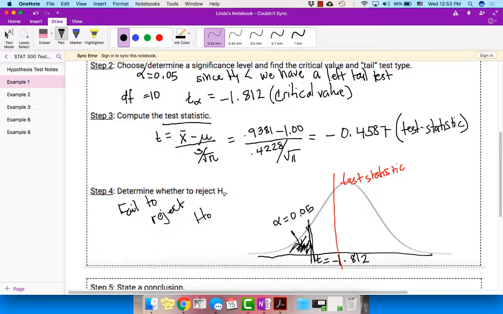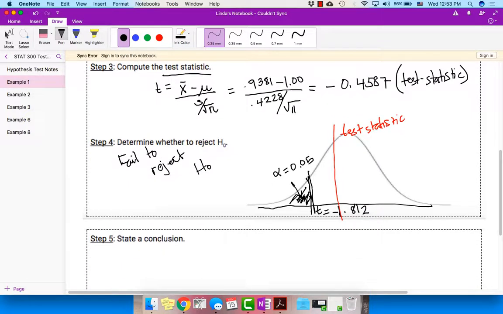We are always going to determine the null hypothesis. We are not going to determine the alternate hypothesis based on critical value and test statistic numbers. So remember that. If the test statistic falls outside of the critical value region, we are going to fail to reject the null hypothesis.